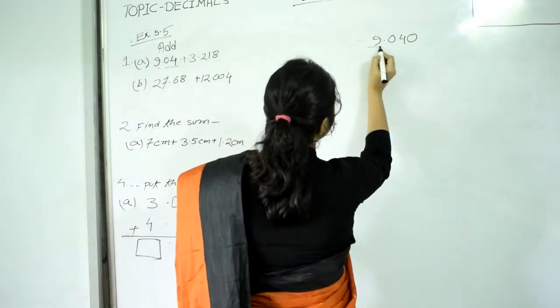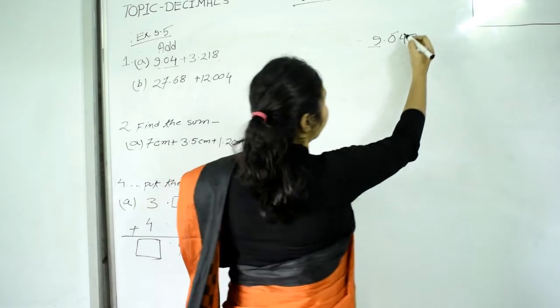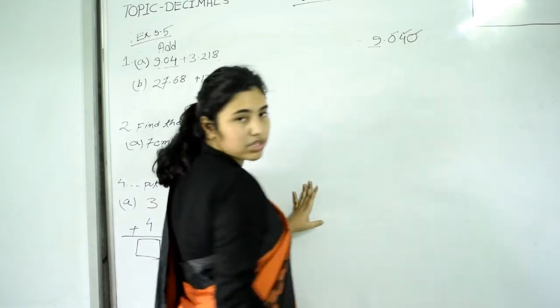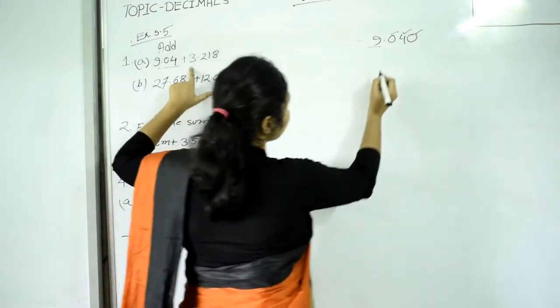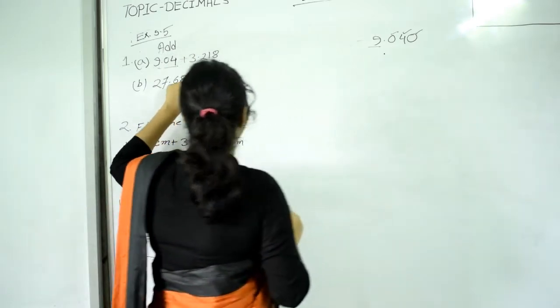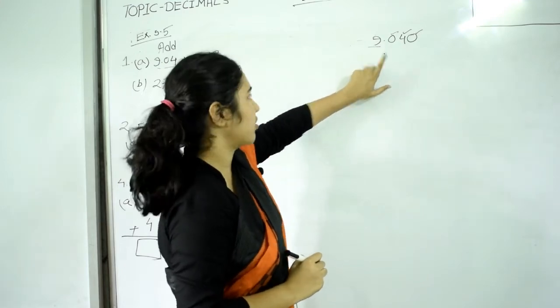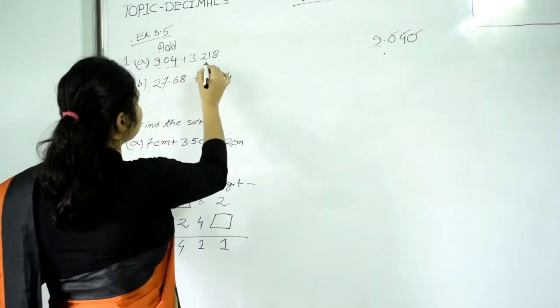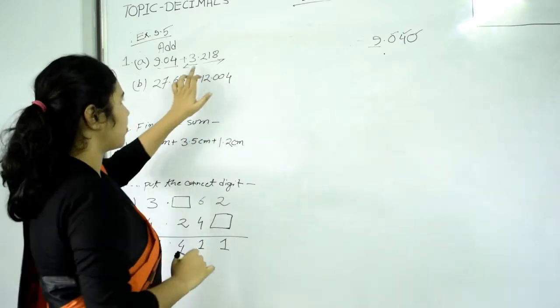So, this is our ones place, this is tenth place, hundredth place and thousandth place. Now put this number, first put this point just under this decimal point, okay?